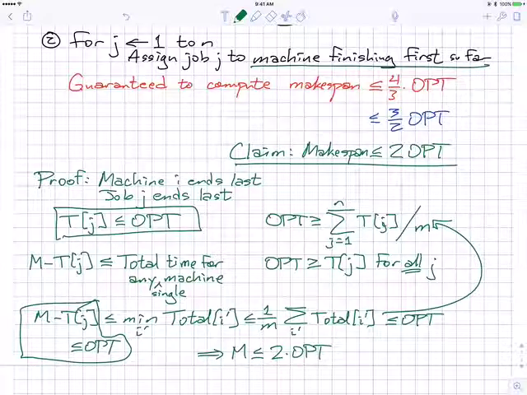At some level, what I'm doing here is I'm not really thinking about the makespan computed by the algorithm directly at all. And I'm not thinking about the makespan of the optimal solution directly at all.